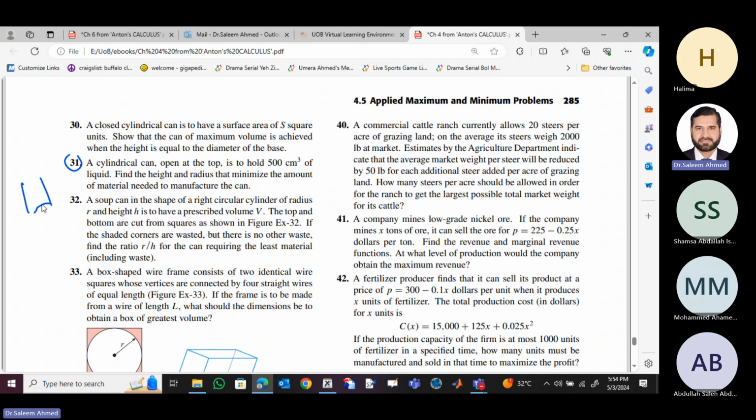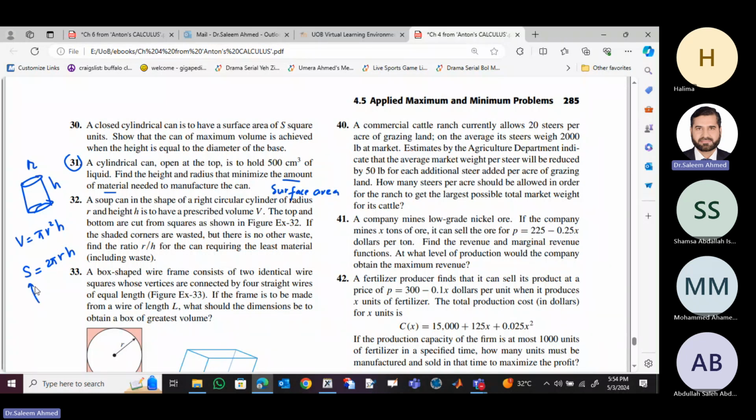If you have a cylinder, you need radius and height, and the volume is pi r square h, right? They said find the height and the radius that minimize the amount of material. The amount of material will come from the surface area.